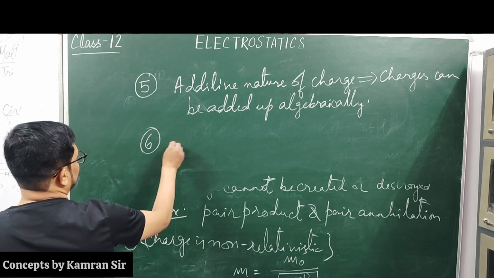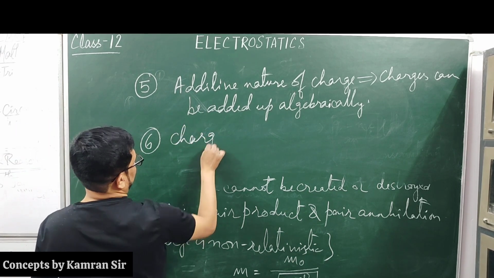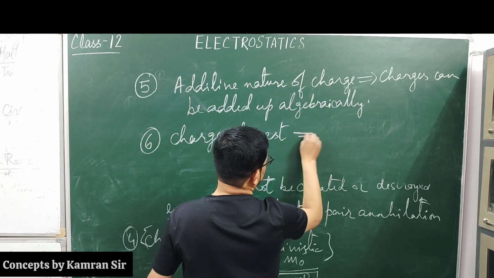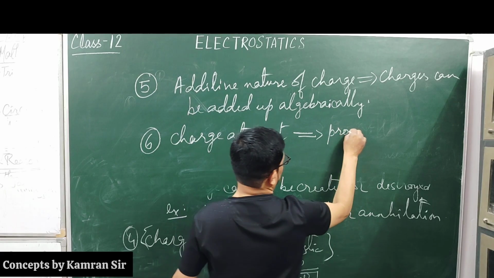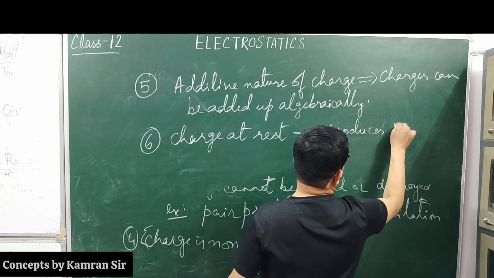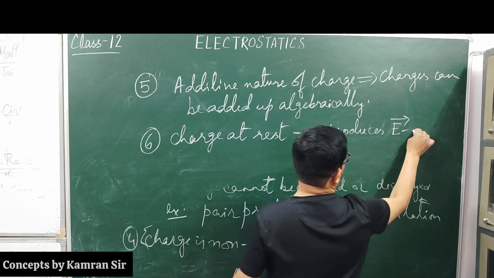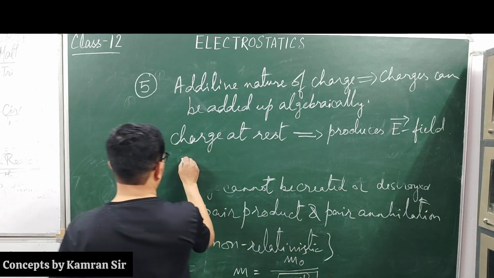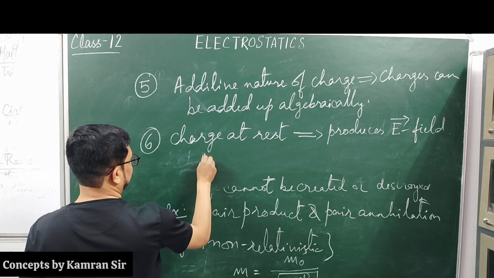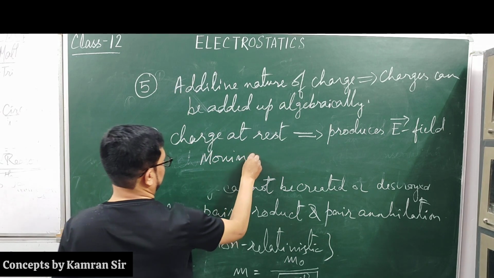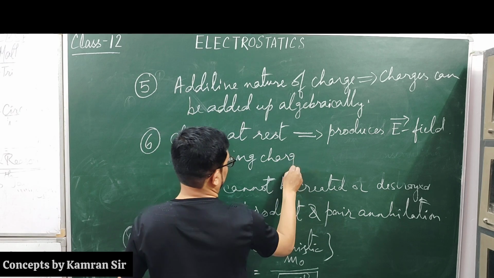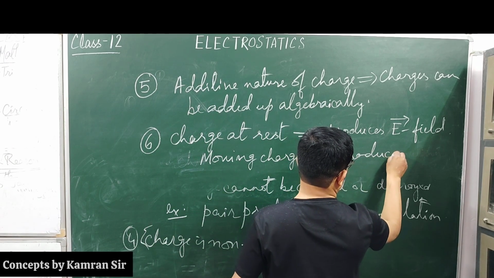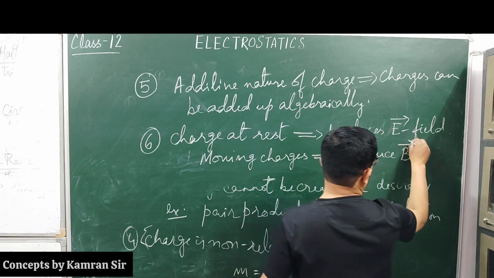Another property: charge at rest produces an electric field, and moving charges produce a magnetic field.